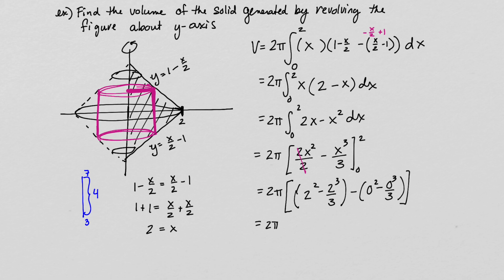So 2 pi times 4 minus 8/3 minus 0. So this is going to be 2 pi times 4 minus 8/3, which is 4/3. So the grand final answer is 8 pi over 3.